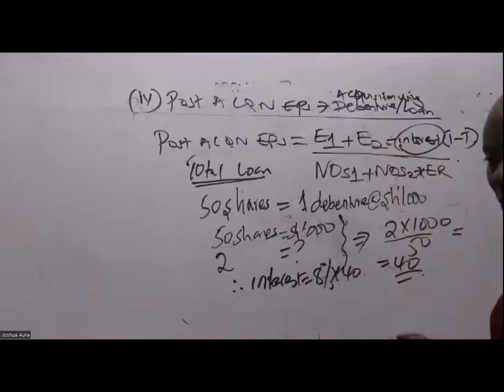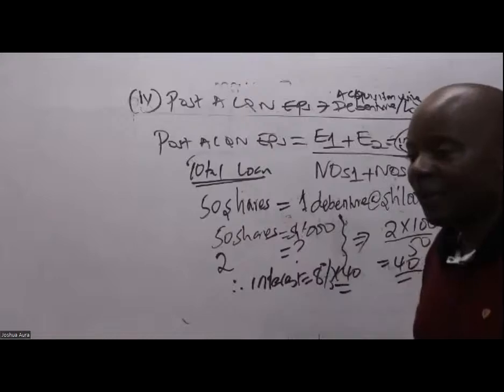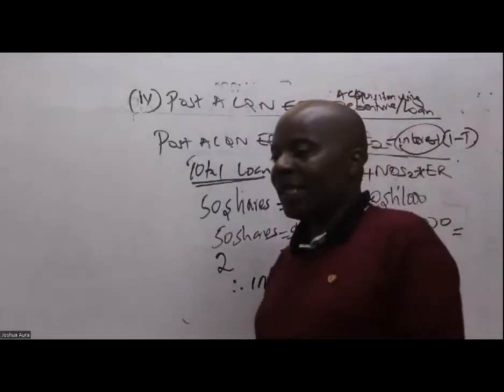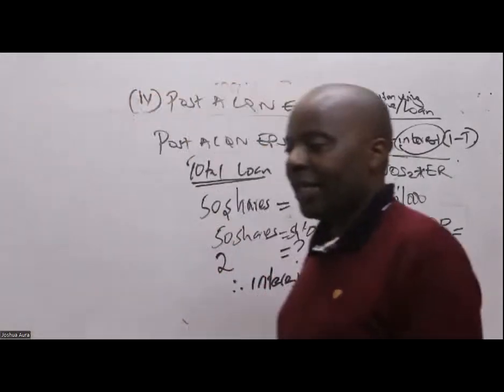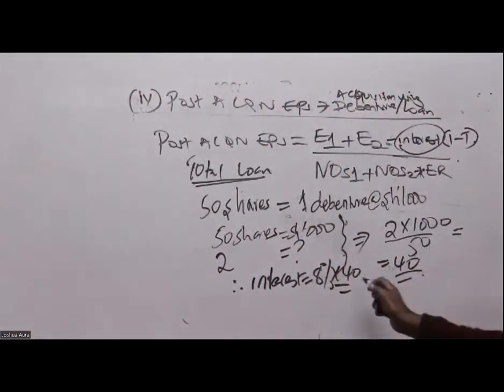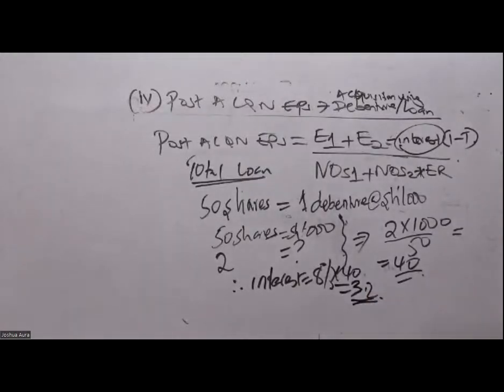They're minus those zeros. So it is 8% of 40, which will give me 3.2, like that. So that is the interest payable.